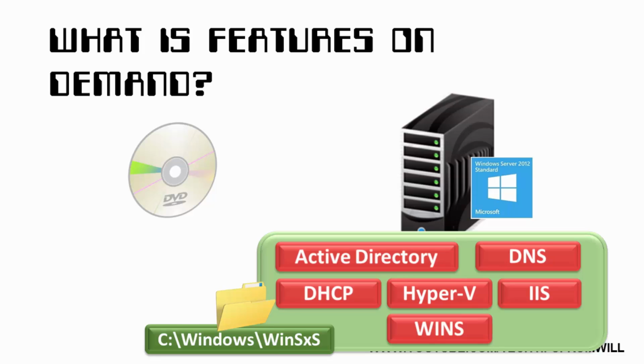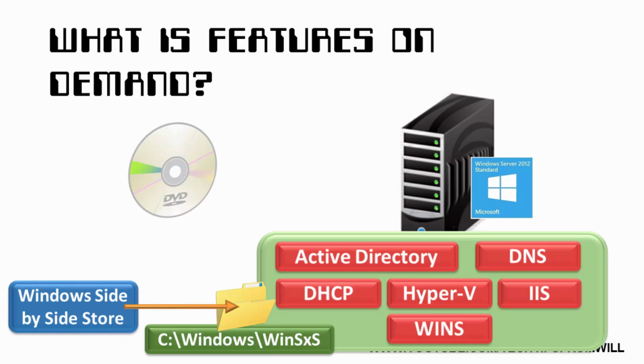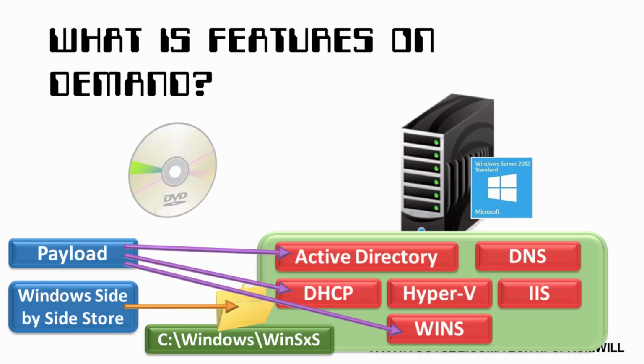In Microsoft literature, this directory is commonly referred to as the Windows Side-by-Side Store, and the install files themselves are known as the payload. When the administrator installs a role or feature, Windows will obtain all of the install files it needs from the Side-by-Side Store.